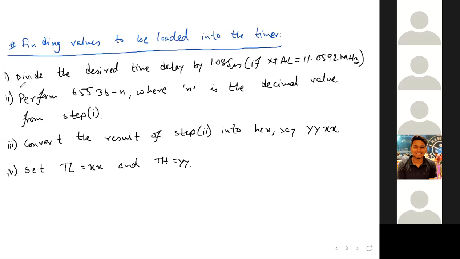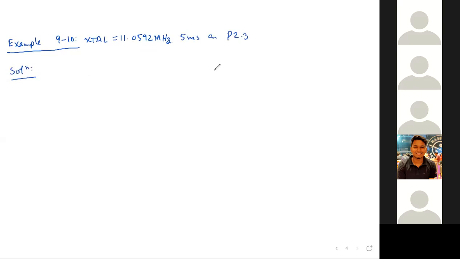So what is the first step? Divide the desired time delay by 1.085 microseconds. According to the first step, my time delay is 5 milliseconds, so 5 milliseconds should be divided by 1.085 microseconds. How much do we get if we perform this division?